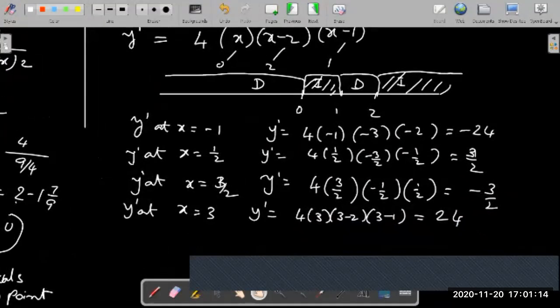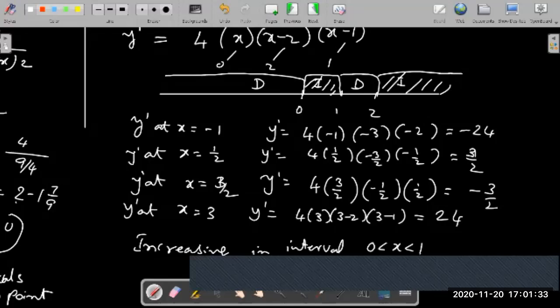So in answers, what they expect for this kind of question is, we have to say it is increasing in the interval: the first interval is 0 less than x less than 1.